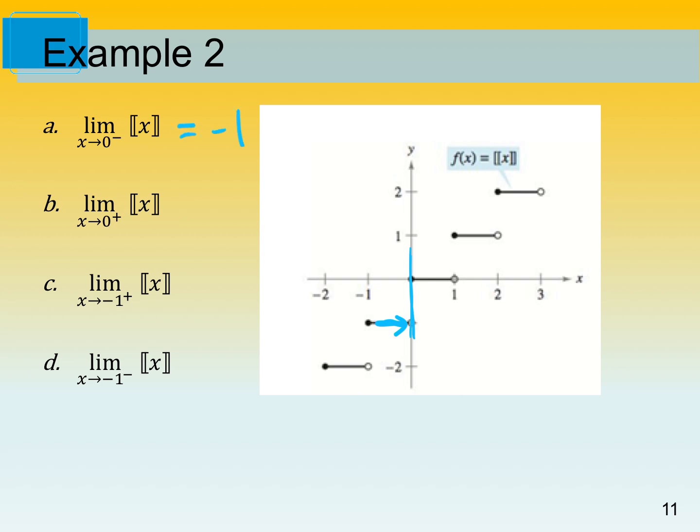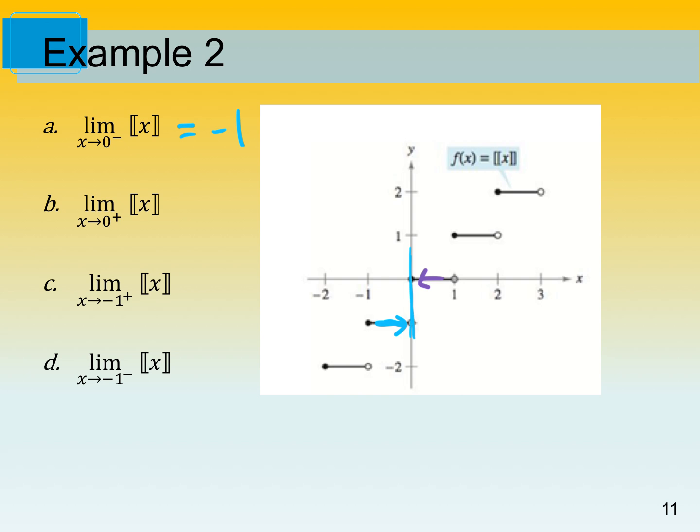What about the limit as x approaches 0 from the positive direction? It doesn't matter whether the circle is open or closed when you're taking the limit, because we're talking about where our graph approaches. But if we asked for f of 0, then you would want the closed circle.